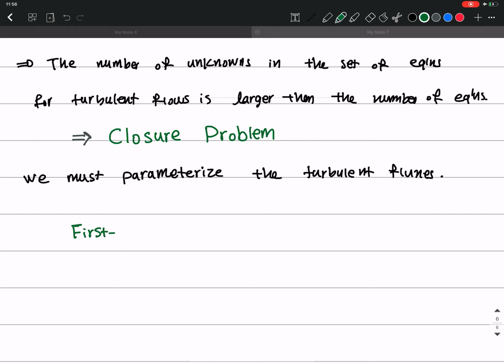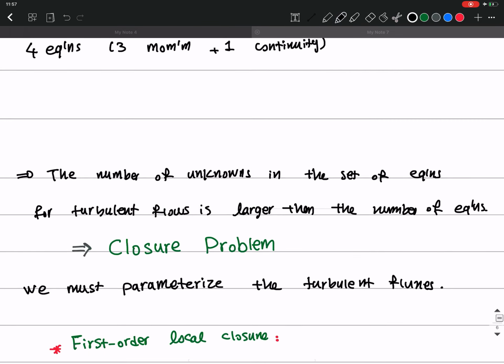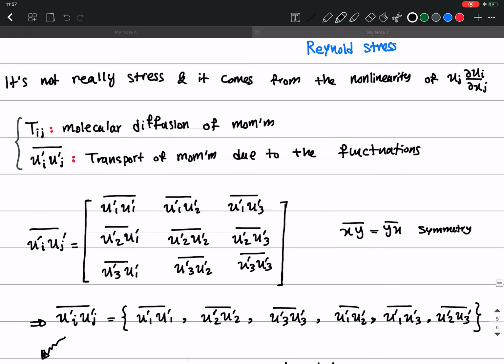So it's first order and it's a local closure, meaning that we just relate the Reynolds stresses to the variations in that specific location, right? So it's a local thing.